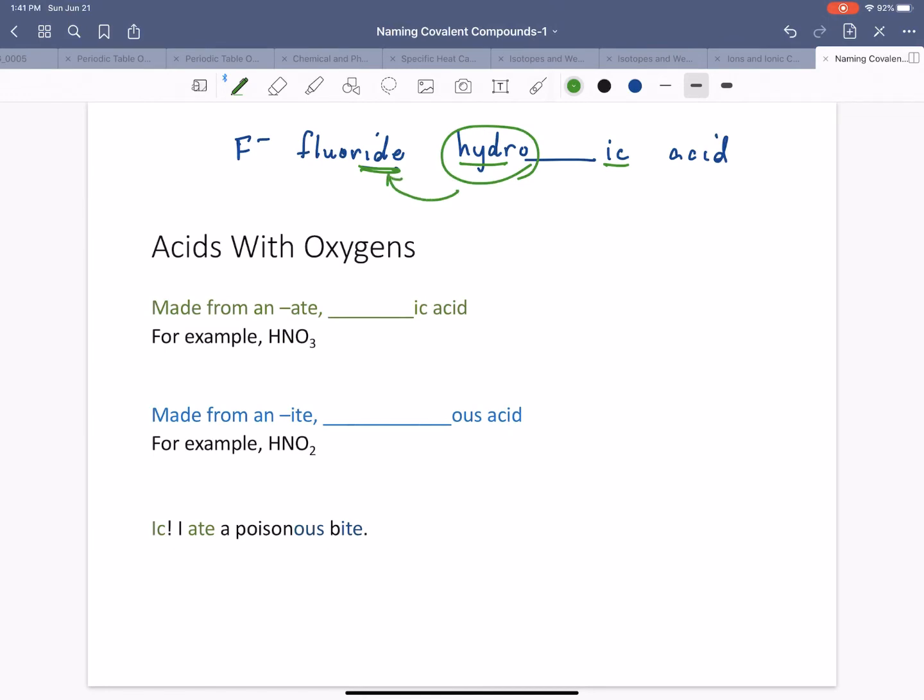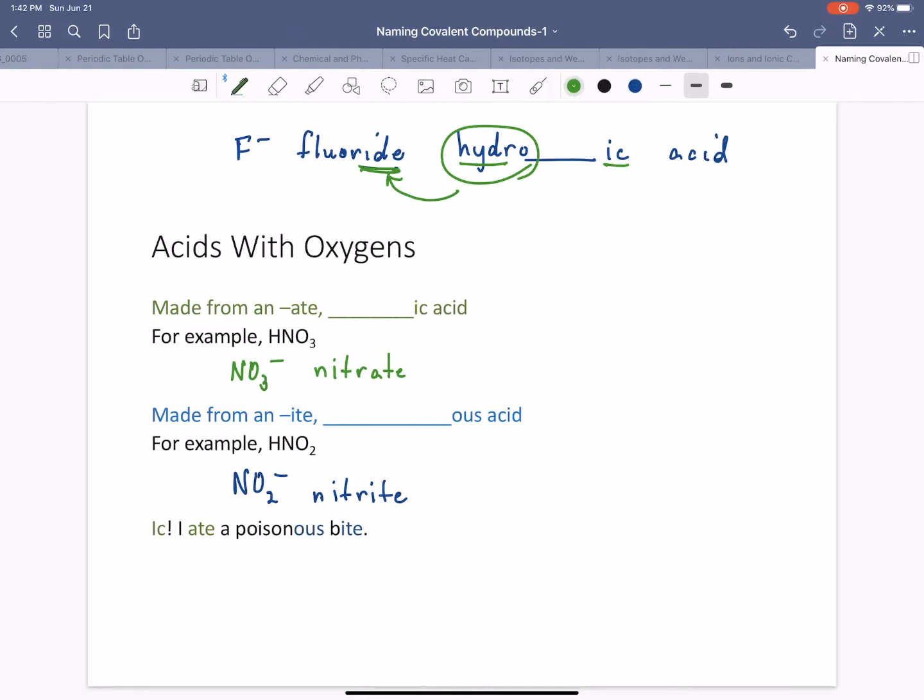But other acids with oxygens, for example, you might have an oxygen-containing anion made from an ate. This is nitrate. It's a polyatomic ion that you'll need to become familiar with. Or it could be made from an ite. This is nitrite. Those don't have a hydro.